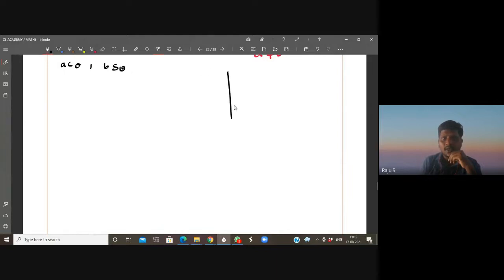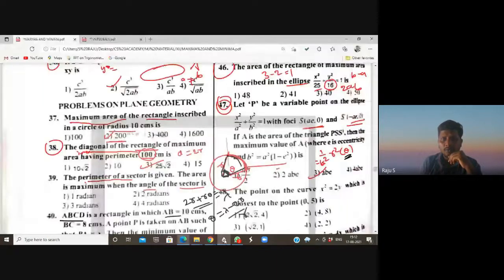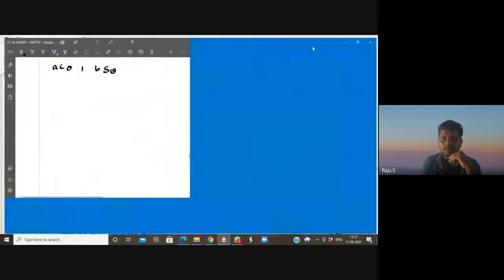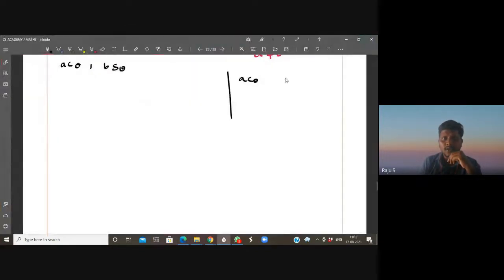The area is given by, already 2 points are given: AE comma 0 and minus AE comma 0. So here we can take A cos theta, B sin theta. When 3 points are given, we studied in matrices the area is given by the determinant x1 y1 1, x2 y2 1, x3 y3 1.